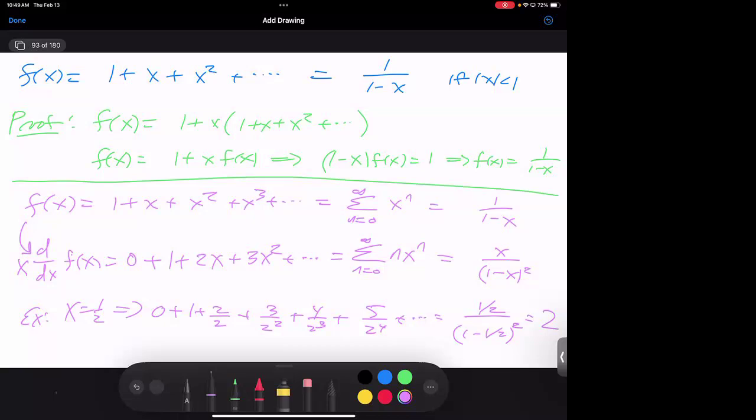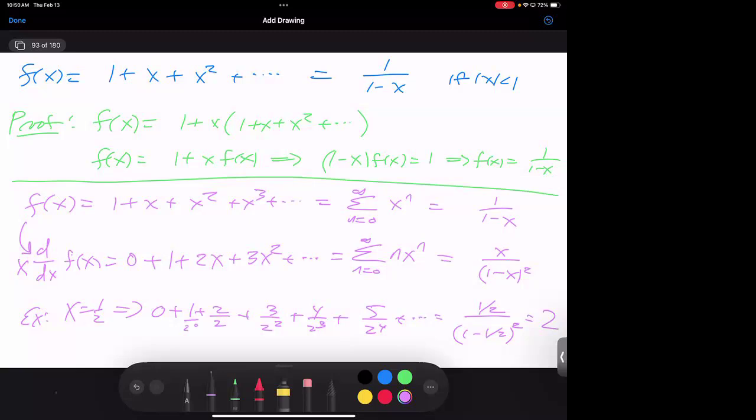Yes? The way you've written out the sum, isn't it 1 plus 1 plus a bunch of other stuff? Did I make a mistake? Well, I'm taking x equals 1/2. So the first one I can write is 1 over 2 to the 0, if you want.